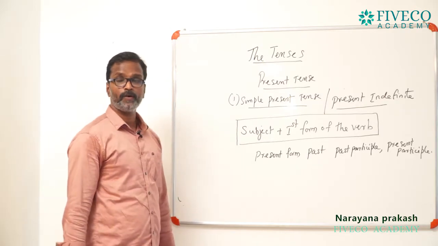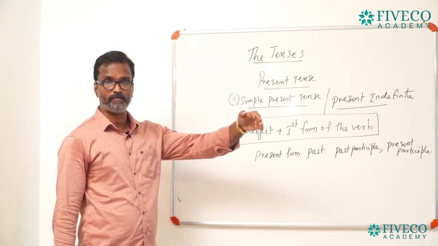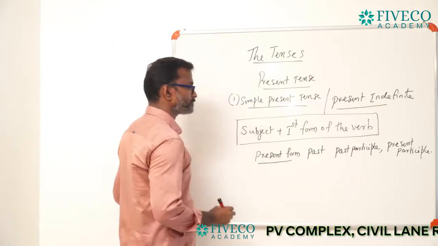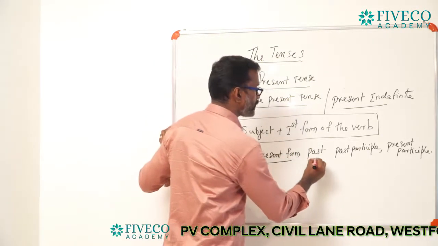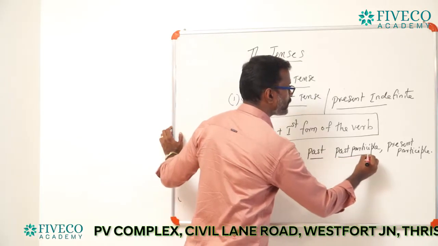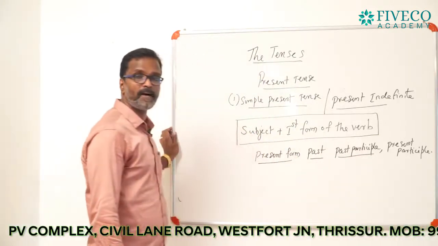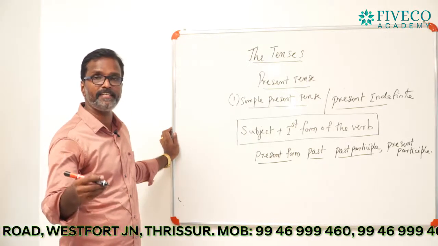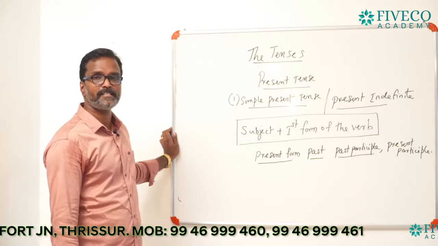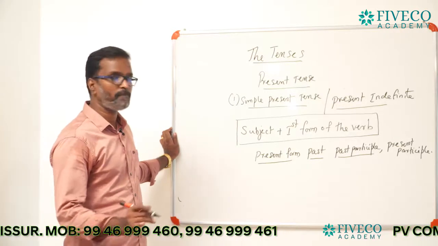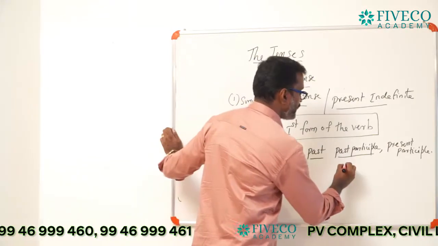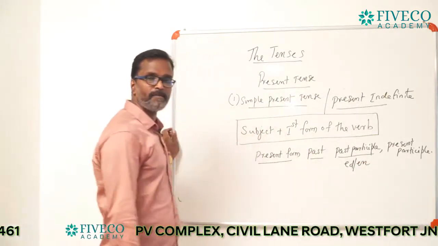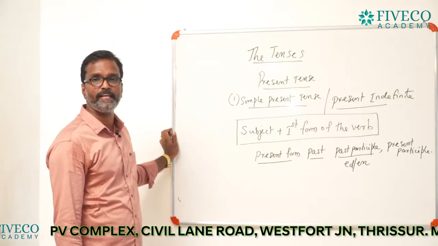Listen, a verb has 4 forms. The first one is called a present form. Second one, past form, past participle. What is past participle? We are going to study everything in detail. Past participle is the ed or en form of the verb.